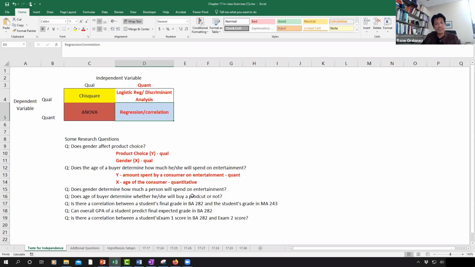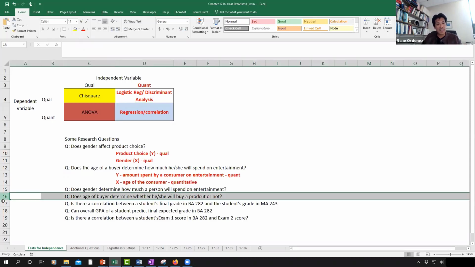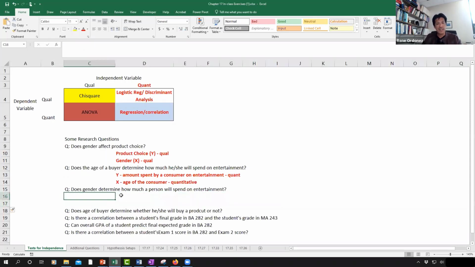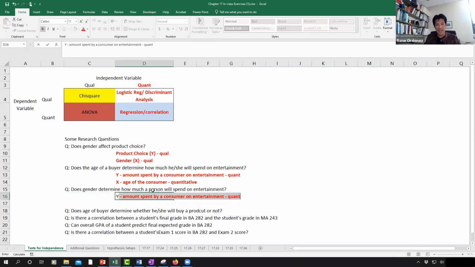How about this particular question, the next one? Does gender determine how much a person will spend on entertainment? Y, again, is the amount that a consumer will spend on entertainment, which is also quantitative. But the predictor variable is gender.